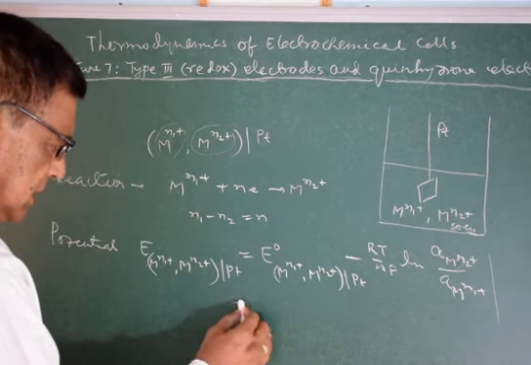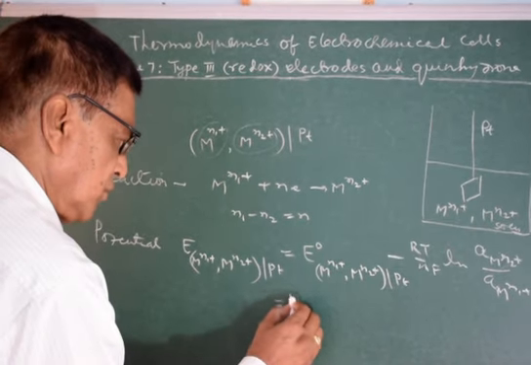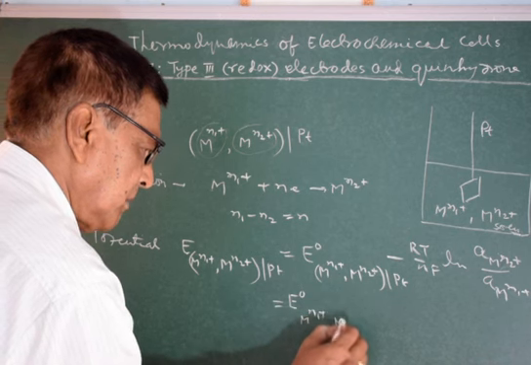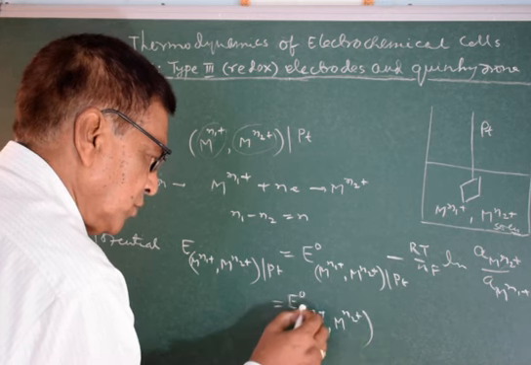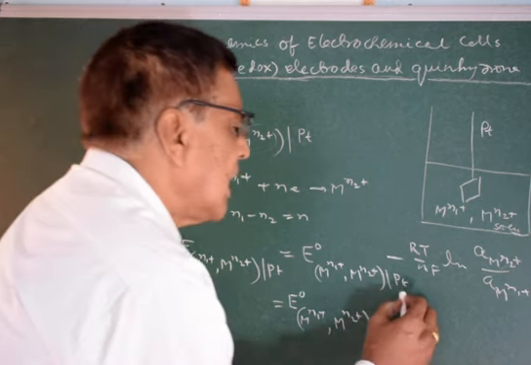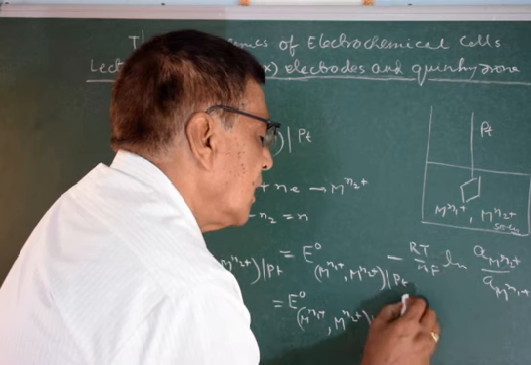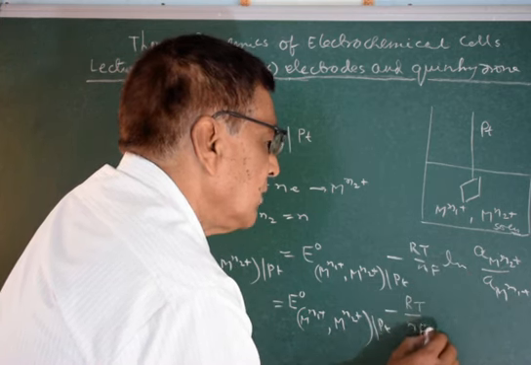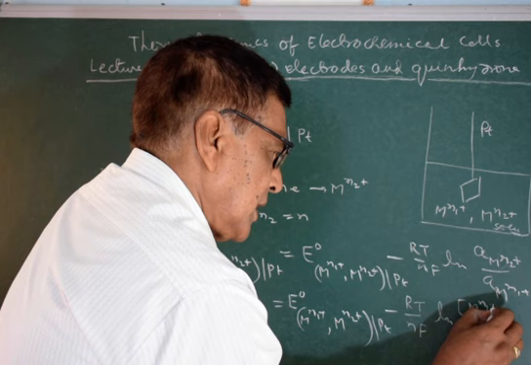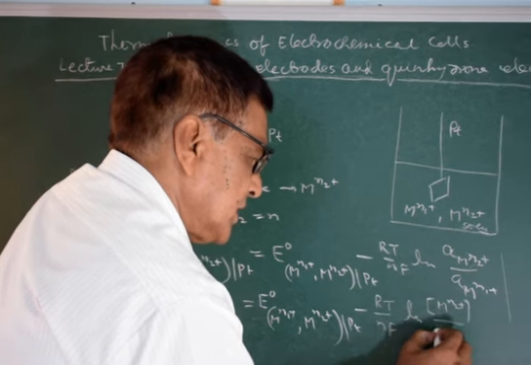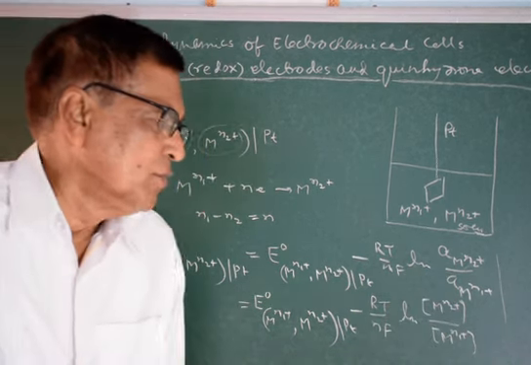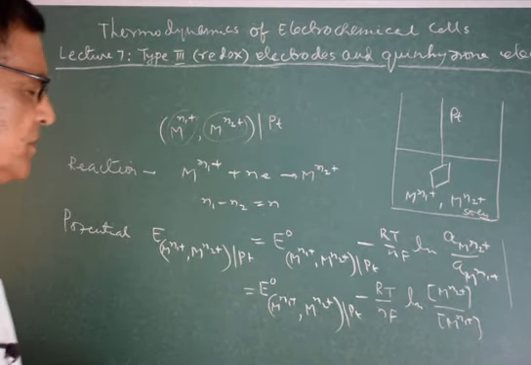So for this electrode, we can write E equals E naught of Mn1+, Mn2+ and platinum, minus RT by nF ln of the concentration of Mn2+ divided by the concentration of Mn1+. Approximately we take the activity ratio as the concentration ratio.